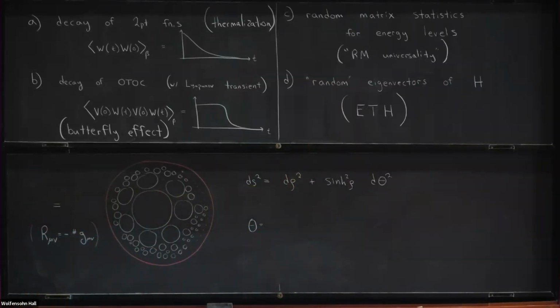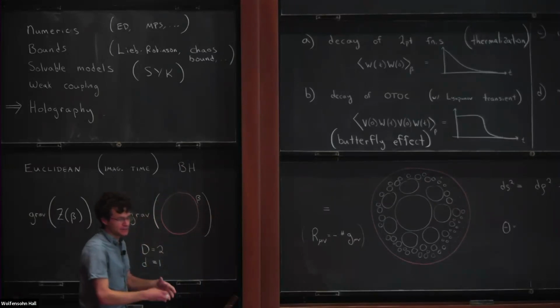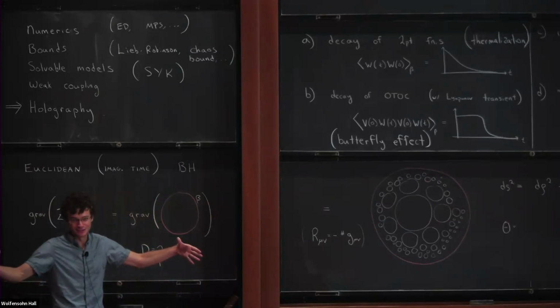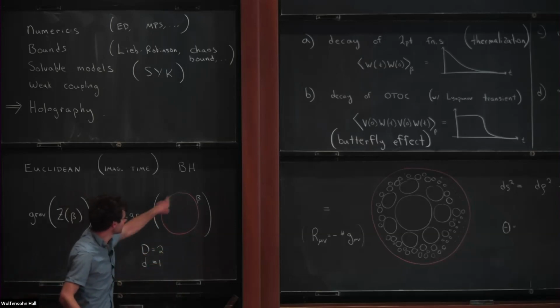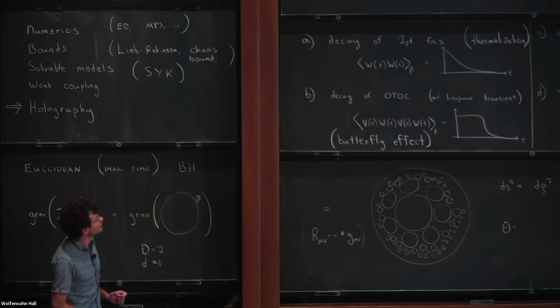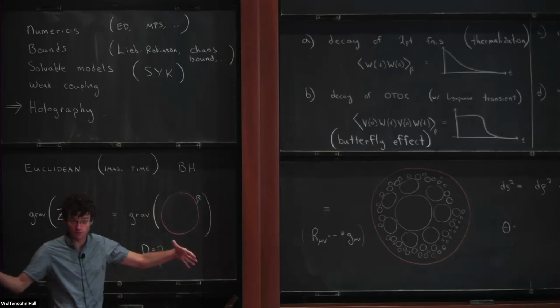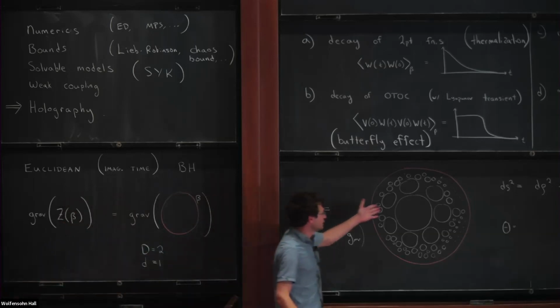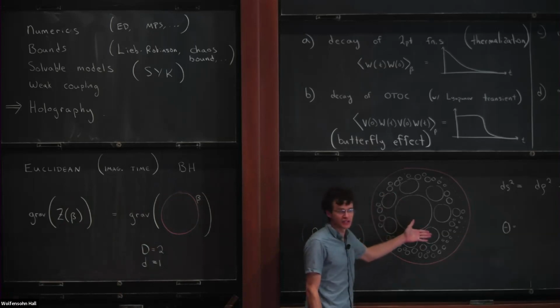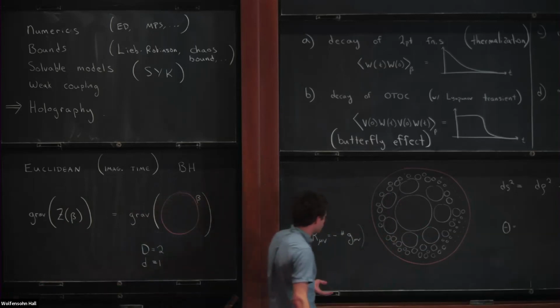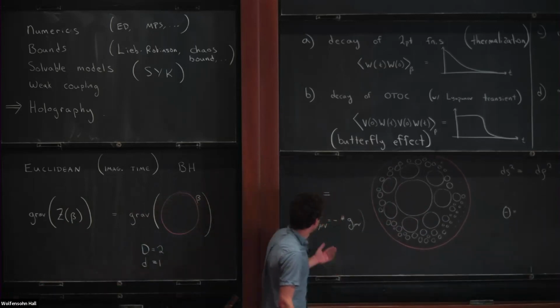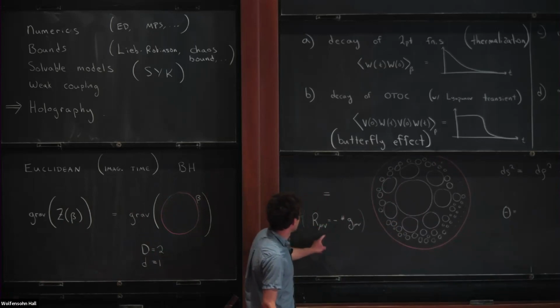So we take this red circle and we make it super big. This is the rule for how you compute it using a black hole. You take the red circle that corresponds to the imaginary time of the boundary theory, you make it super, super big, and then you fill it in with a solution to Einstein's equations. So the solution to Einstein's equations for the type of black holes that we're interested in, Einstein's equations with a negative cosmological constant, so R mu nu should be minus some multiple of the metric.